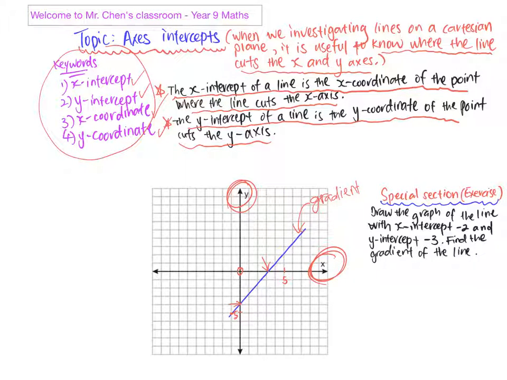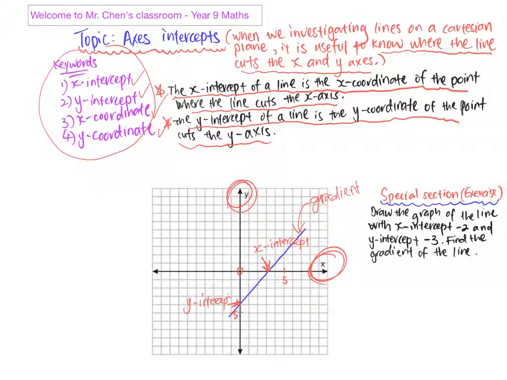As I said earlier, these are the two points where it passes through the x and y axis. So which one is the x-intercept and which one is the y-intercept? It is quite simple. The point that went past the x-axis is the x-intercept, and the other one is obviously the y-intercept, because it went past the y-axis.